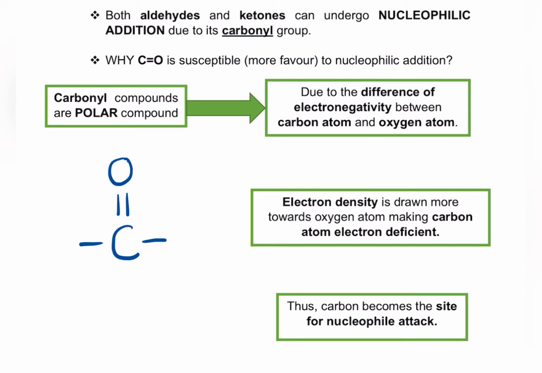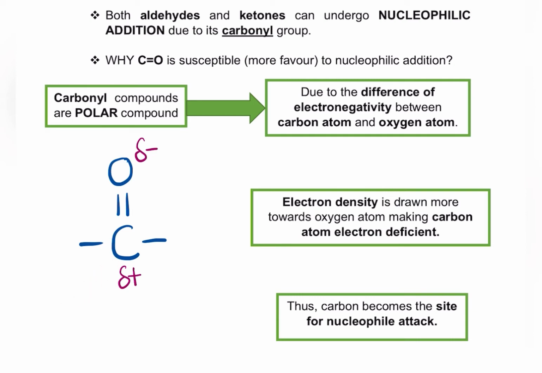It means that the oxygen atom is more electronegative than the carbon atom. So oxygen will be partially negative, while carbon will be partially positive. This makes the electron density drawn more towards the oxygen atom, making the carbon atom have less electron density.